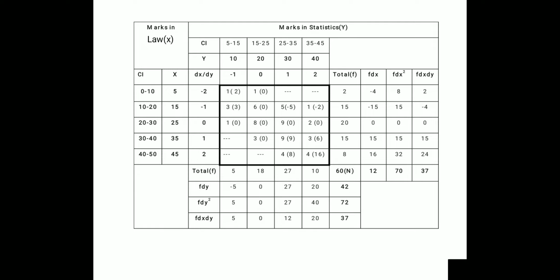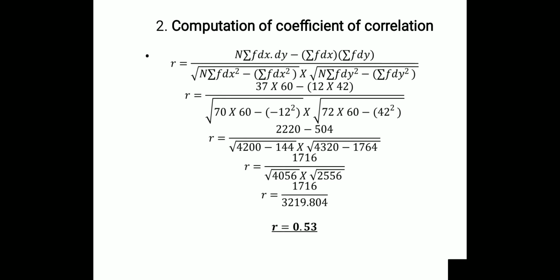Only then can we assume that the calculated values are correct. I hope you understood the table. Now the summation values of the table have to be substituted into the formula, and we arrive at the correlation value. When all the values are substituted into the formula and solved, we will obtain the value of r, that is r equal to 0.5 in this problem.